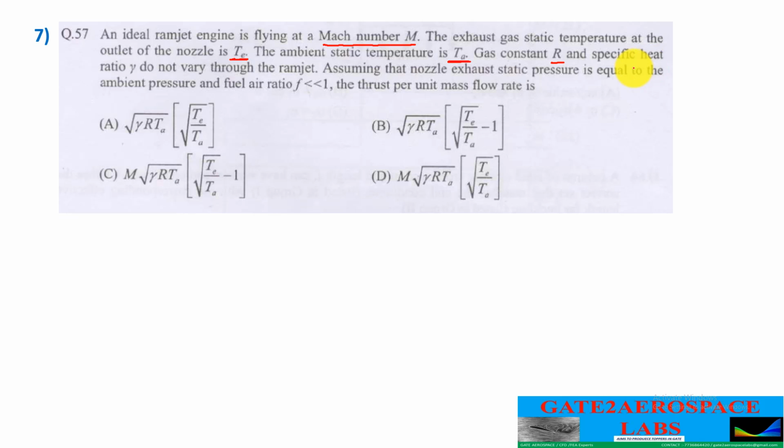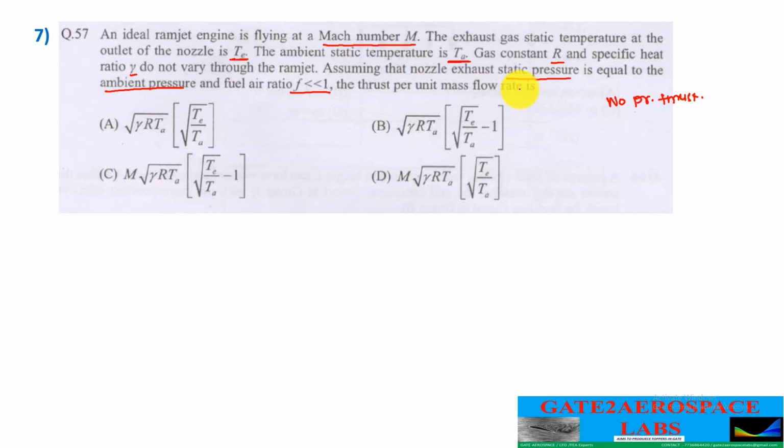R is the gas constant, specific heat ratio is gamma. Then assuming the nozzle exit, this is very important, nozzle exhaust static pressure is equal to the ambient pressure. What is the meaning of this? That means no pressure thrust. Okay, only momentum thrust will be there. Then we have to neglect the mass of the fuel.